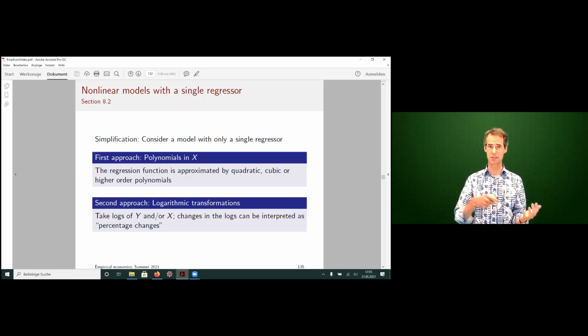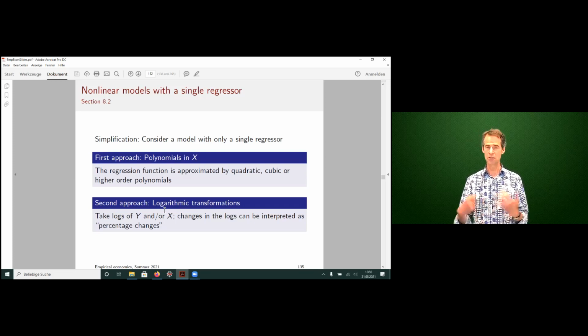We go back to this setting, single regressor x and a single endogenous variable, but we give up the linearity assumption and we consider two different approaches. The first one is we use polynomials in x to model the nonlinearity, and the second approach is we use logarithmic transformations to model the nonlinearity. So we will talk about each of these approaches in detail.